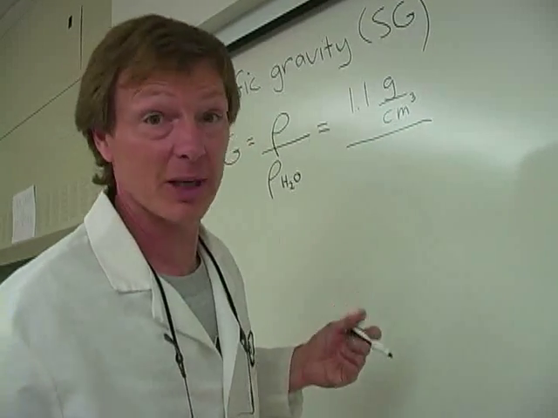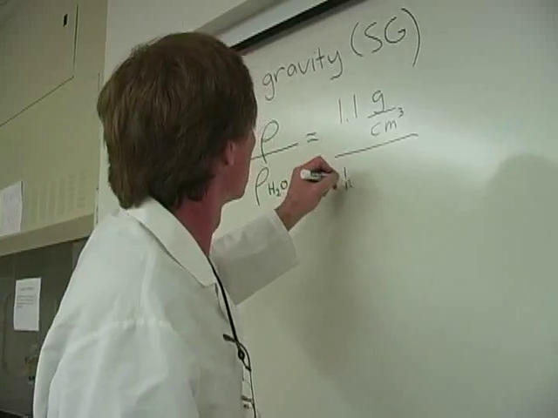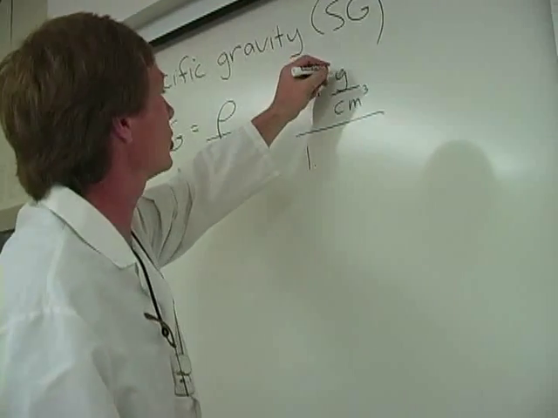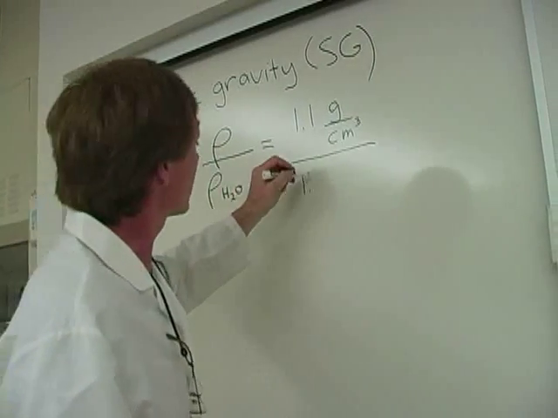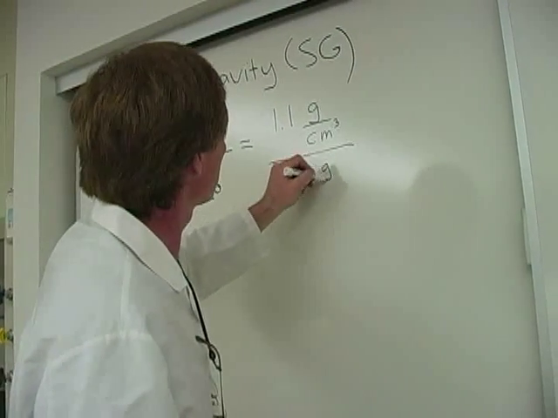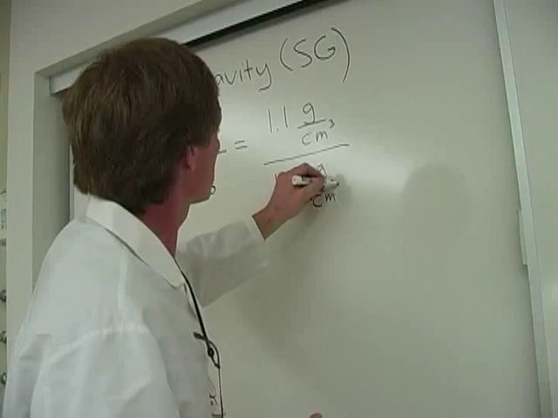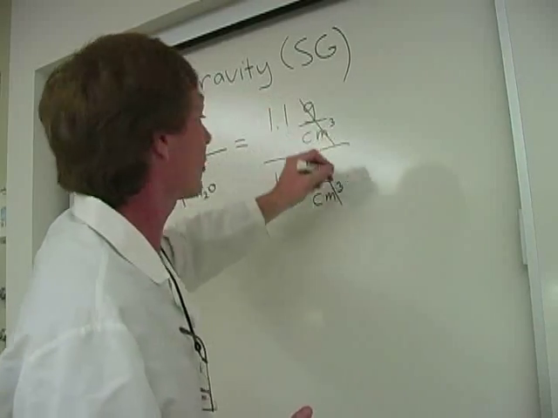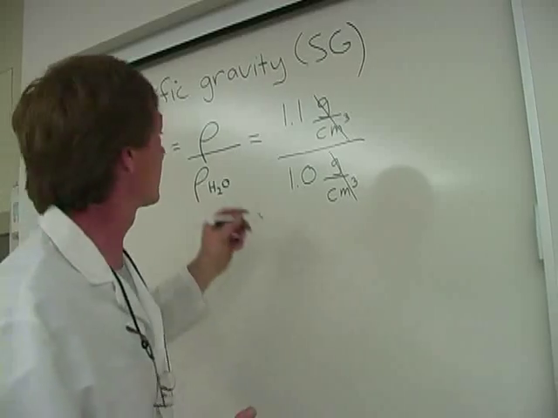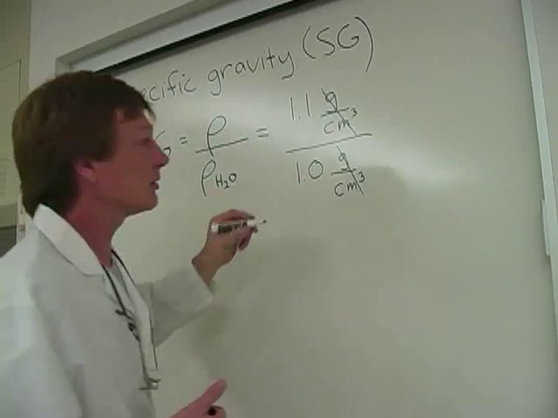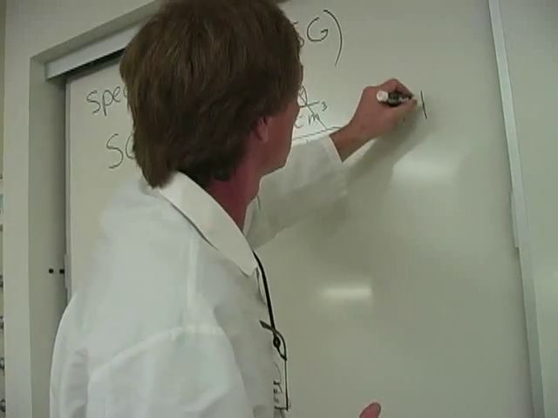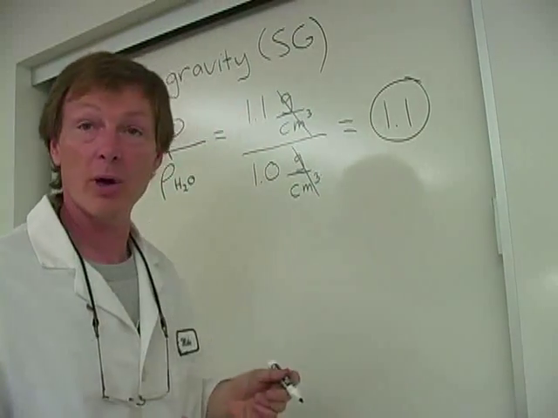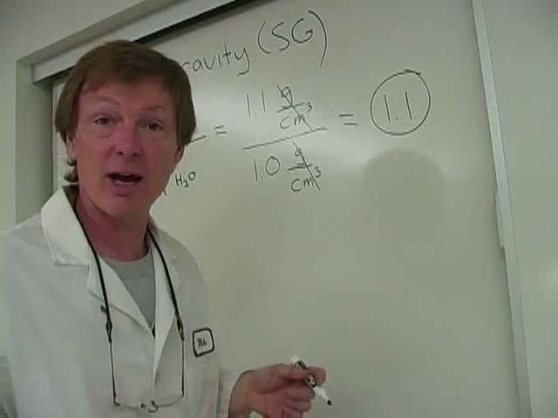Makes it pretty easy in metric units. So 1.1 grams per centimeter cubed is the mass density of the object I want to get the specific gravity of. Mass density of water is 1.0 grams per centimeter cubed. The grams per centimeter cubed cancel. So Geordie's specific gravity, 1.1 over 1 is 1.1. That's the specific gravity.